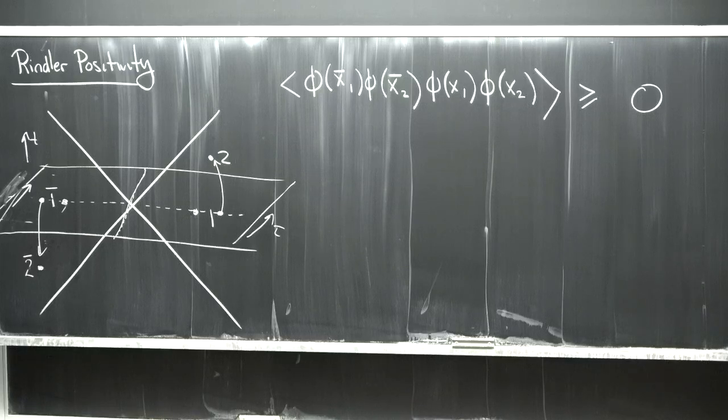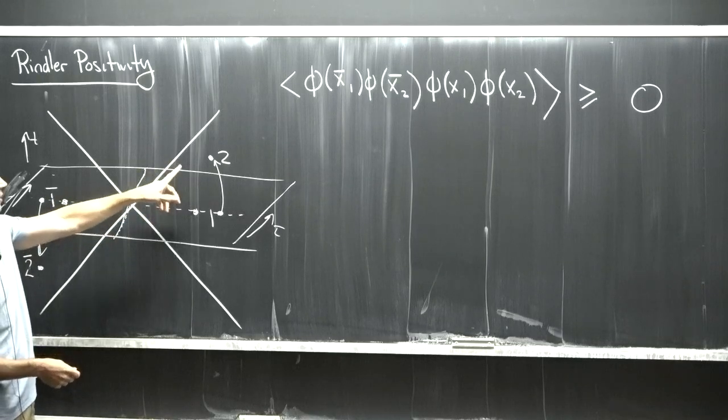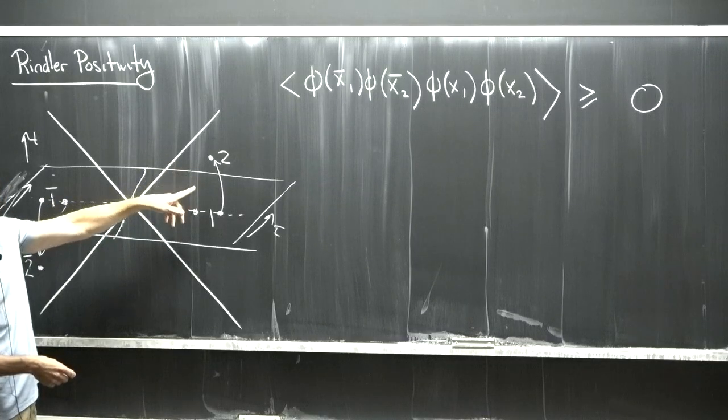Sorry, just to be clear that I'm understanding the picture, you're imagining rotating the entire... The barred coordinates are defined by doing the Rindler reflection, where you reflect.